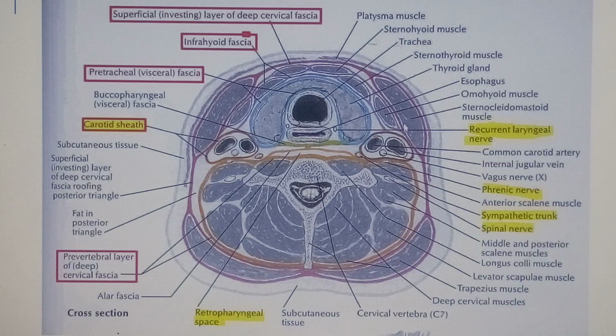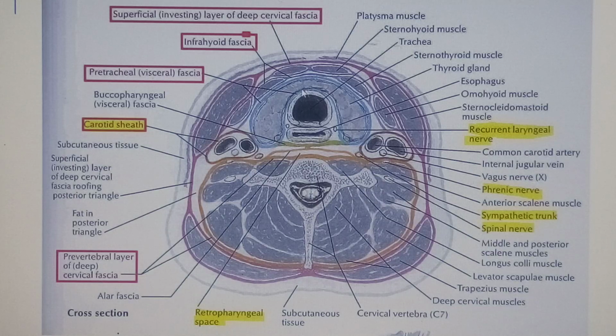But more importantly, once I take away this investing layer of the deep cervical fascia, then I go to what we call the pretracheal fascia. But I told you that there's a catch over there, because usually when we talk about the pretracheal fascia, we're talking about the visceral layer, because some important viscera by way of the thyroid gland, the larynx, the pharynx, alongside of course the posterior aspect of the thyroid gland, we have the parathyroid gland.